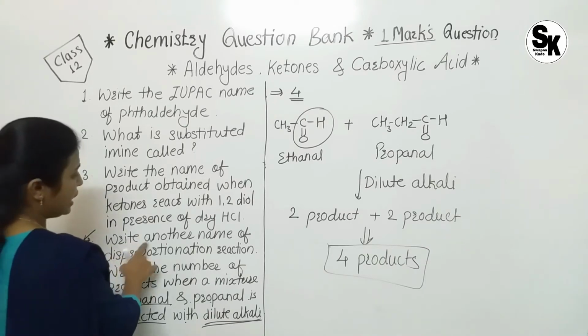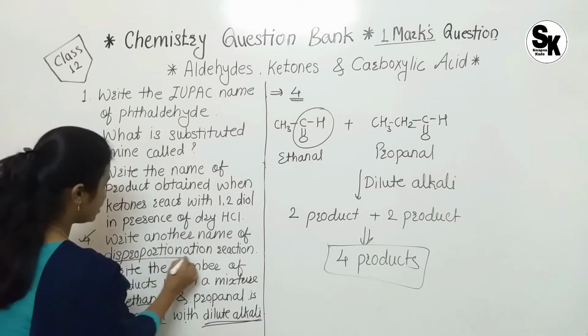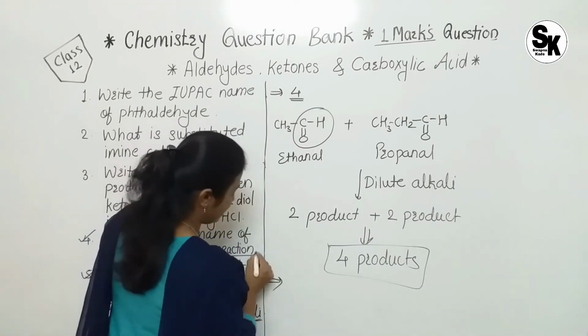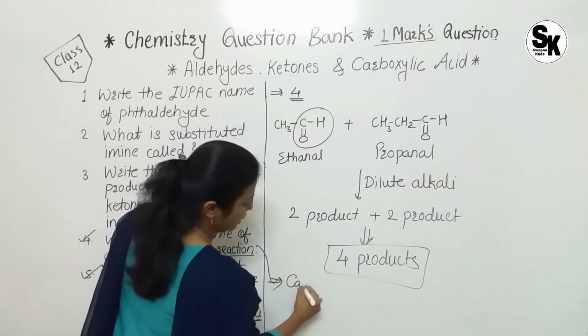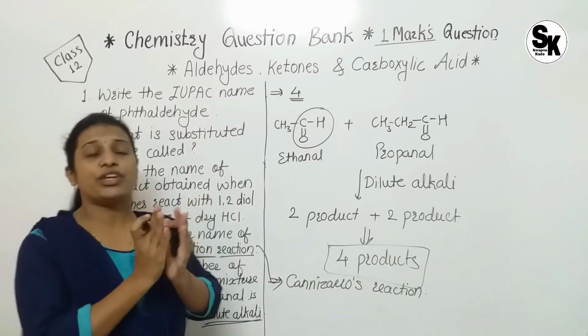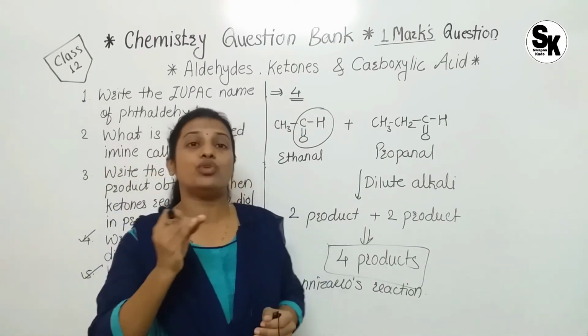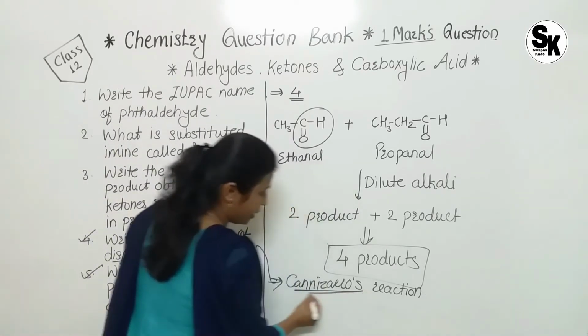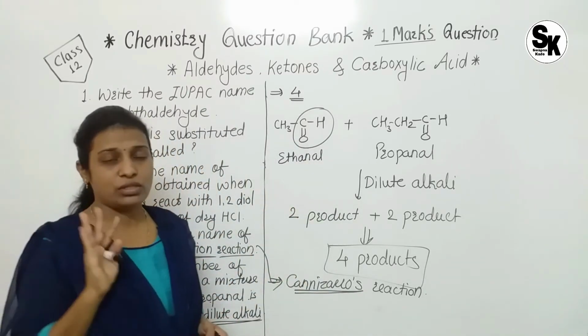Next question. Write another name of disproportionation reaction. For this question, the answer is Cannizzaro's reaction. Here, when we are using aldehydes which do not have alpha hydrogen, these aldehydes only undergo Cannizzaro's reaction.